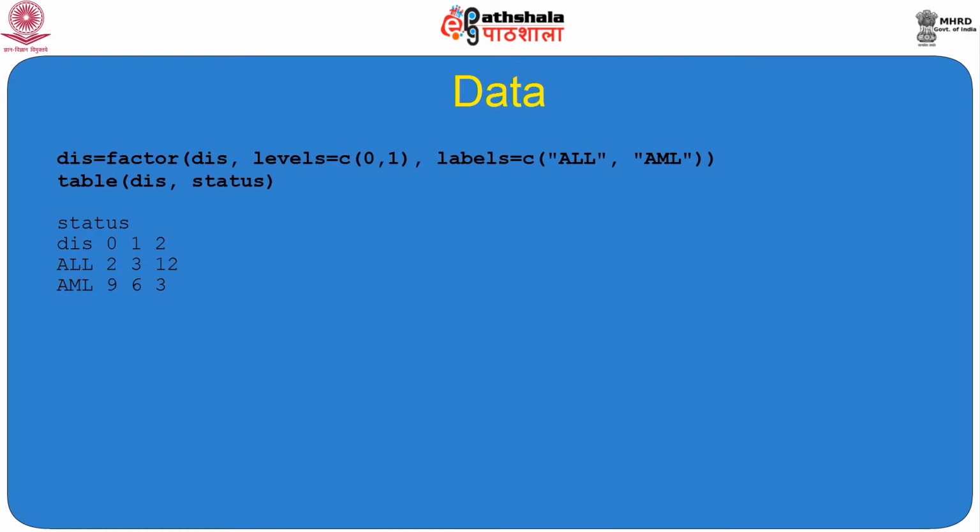With status 0, 2 persons were censored in ALL and 9 patients were censored in AML. 3 patients died in ALL and 6 patients died in AML, and 12 patients died in ALL due to some other reason, not therapeutic failure, and 3 patients died in AML due to some other reason, not therapeutic failure.